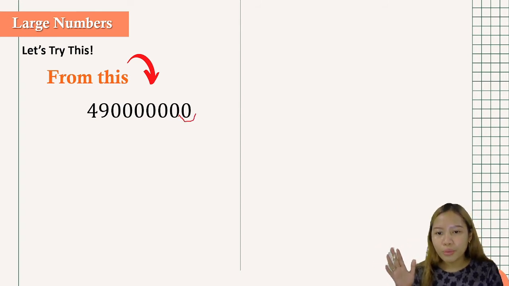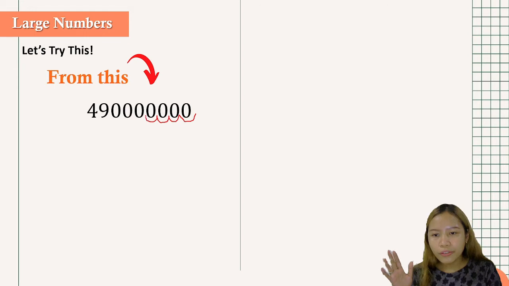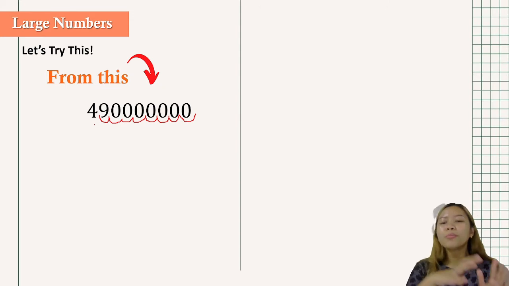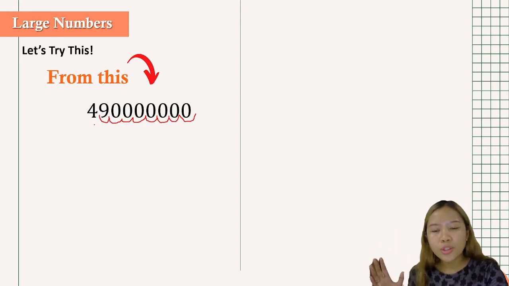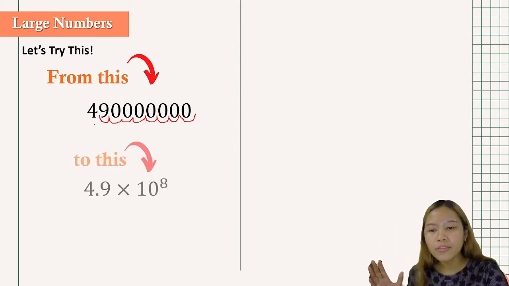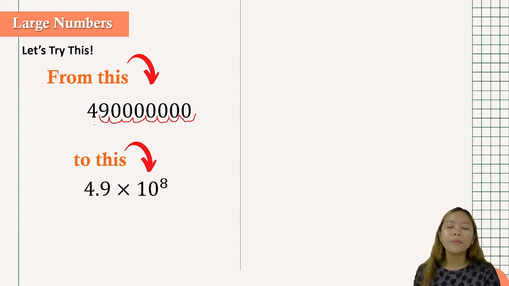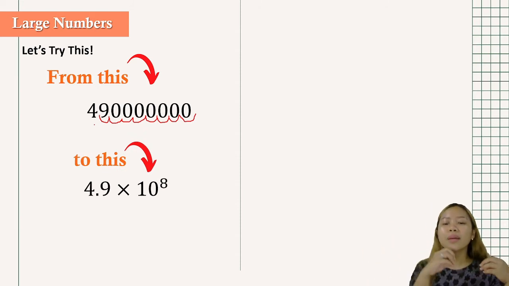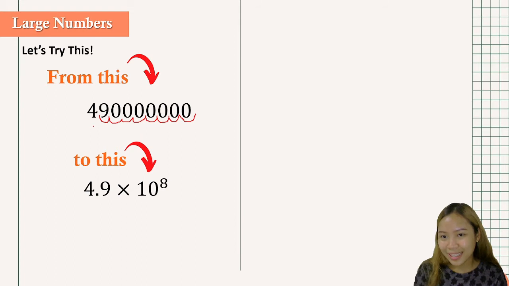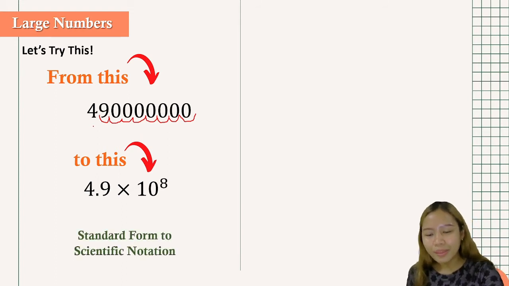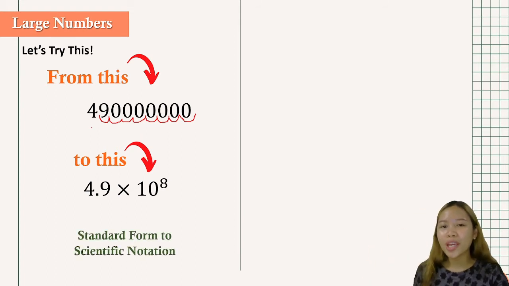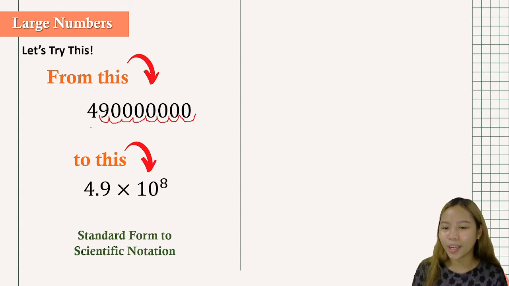So we have 1, 2, 3, 4, 5, 6, 7, 8. So we moved 8 places going to the left. So therefore, for our scientific notation, it will become 4.9 times 10 to the 8. And that is standard form to scientific notation.